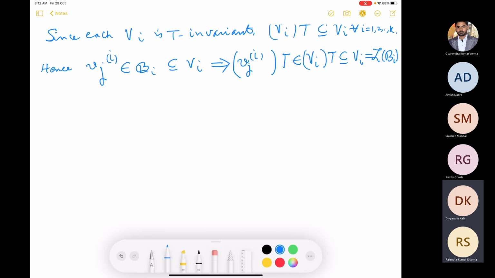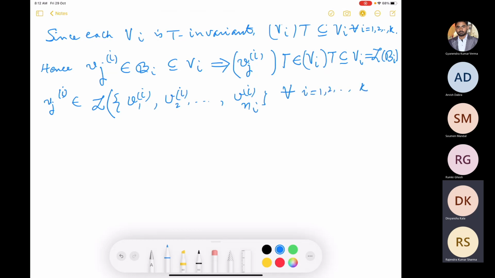That means this Vji is in the linear span of the basis of Vi, which is Bi. So it's Vi1, Vi2, up to Vini. And that happens for every i from 1 to k, and for every j from 1 to ni.